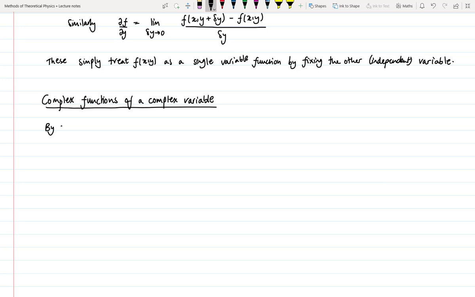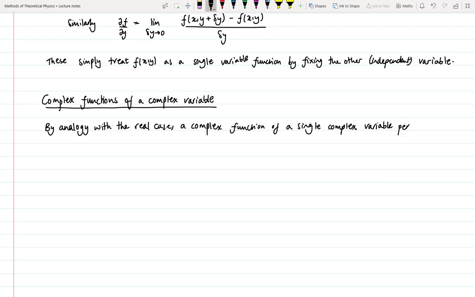By analogy with the real case that we saw in the previous topic, a complex function of a single complex variable performs the mapping.